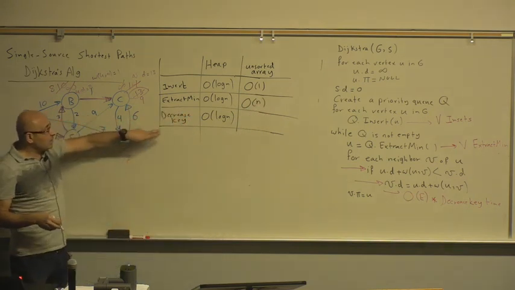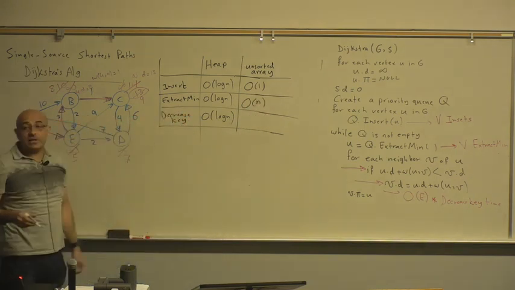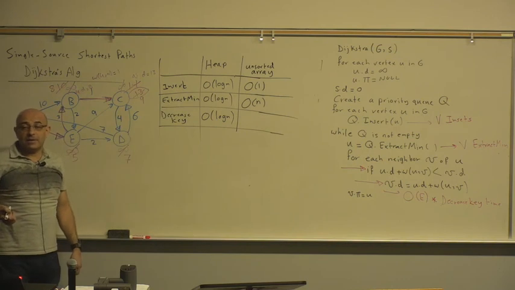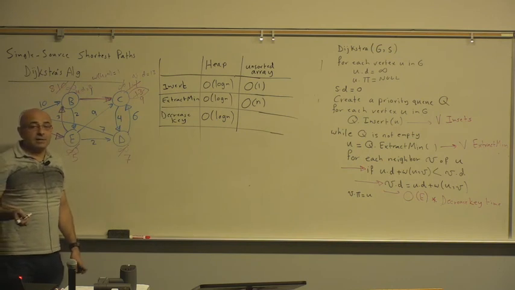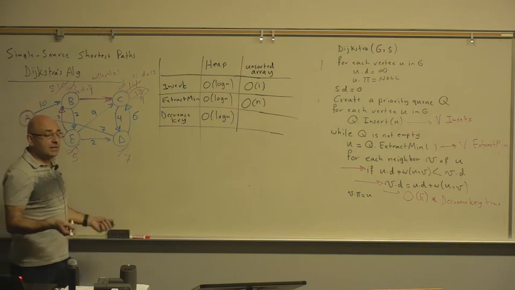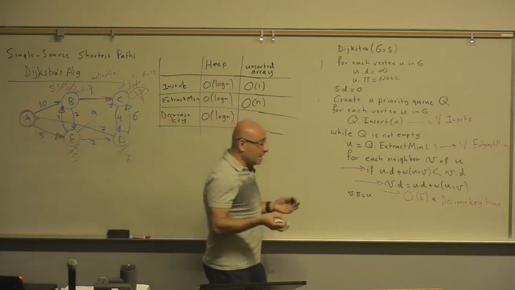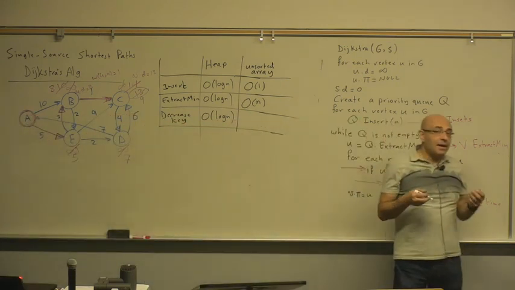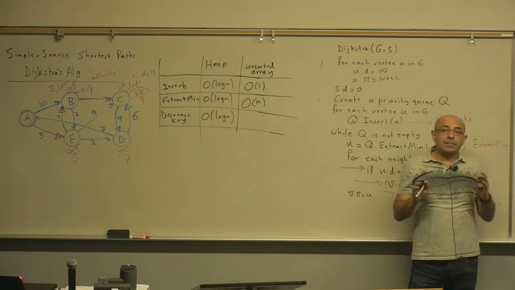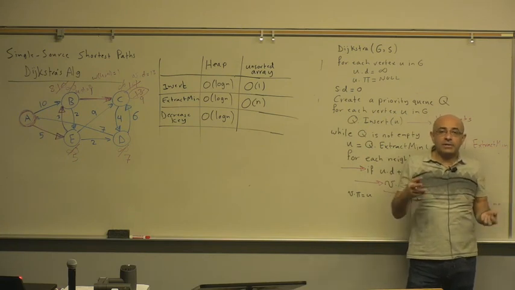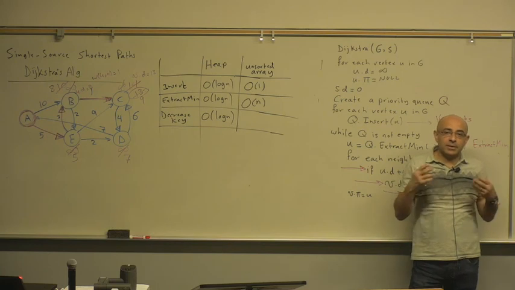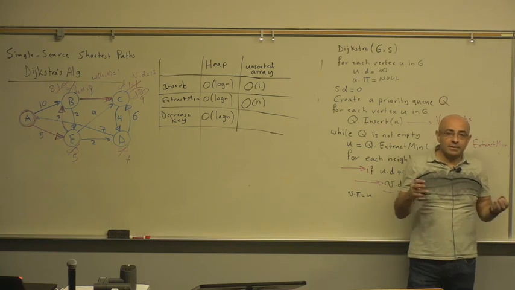Now, how much time will it take to do a decrease key in an unsorted array? What does decrease key mean? It means adjust the elements in the priority queue if the priority queue is ordered in a certain way. But the unsorted array is not ordered in a certain way, so you just do nothing.